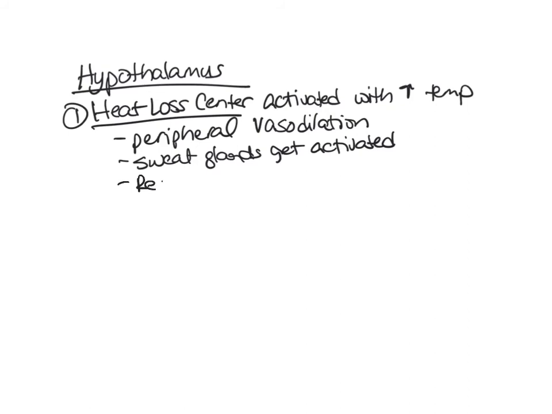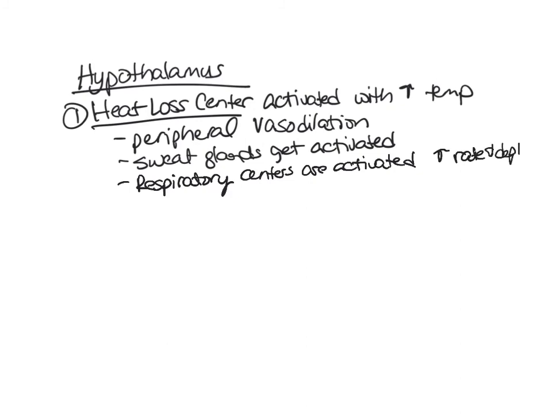And your respiratory centers become activated. So you're going to increase your rate and depth of breathing. By breathing out that moist air, you're breathing out water vapor, and that also will increase evaporation through the lungs.